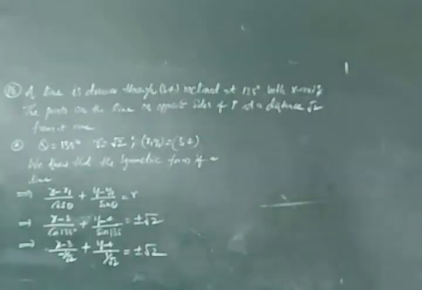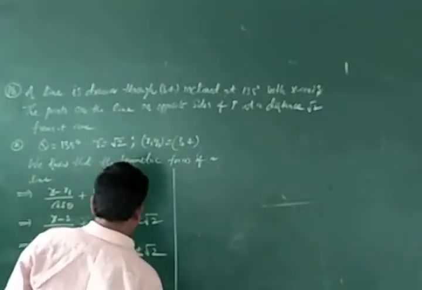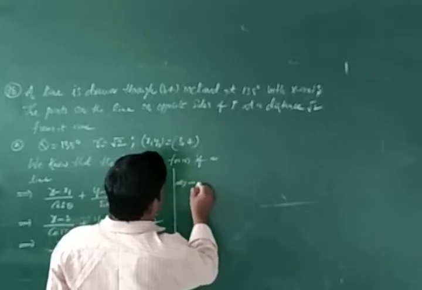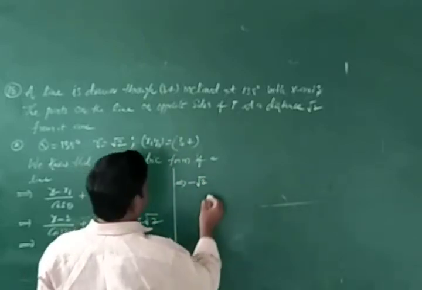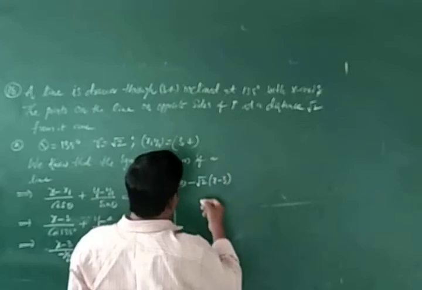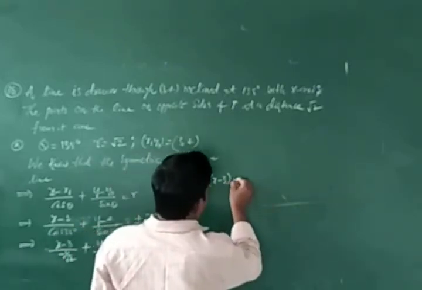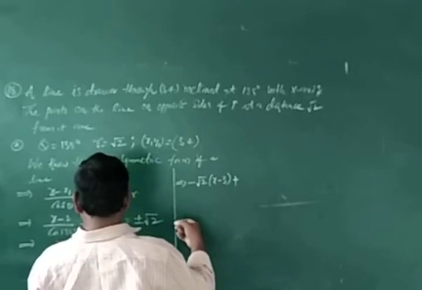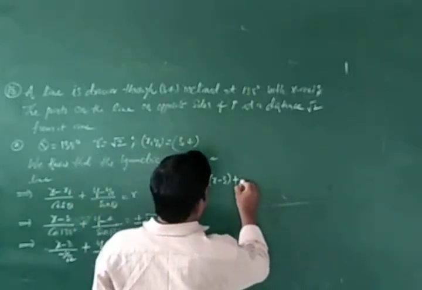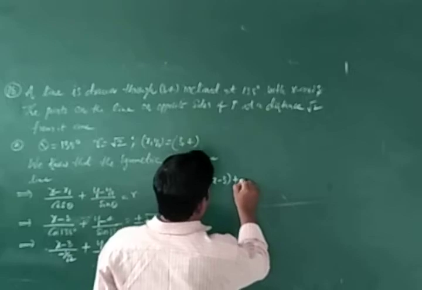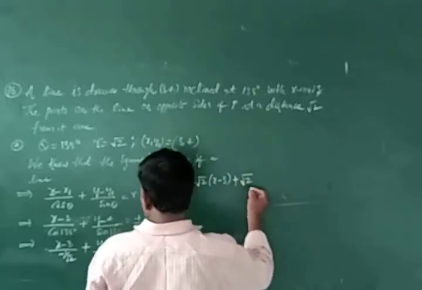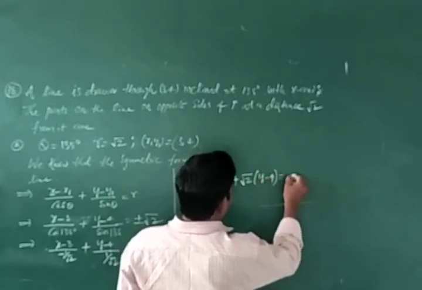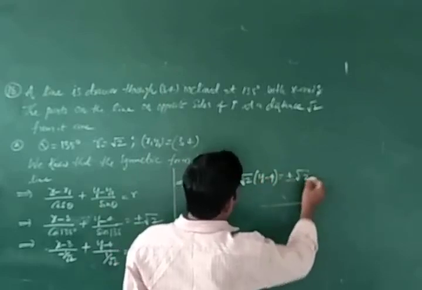Okay, now minus root 2 into (x minus 3) plus root 2 into (y minus 4) equal to plus or minus root 2.